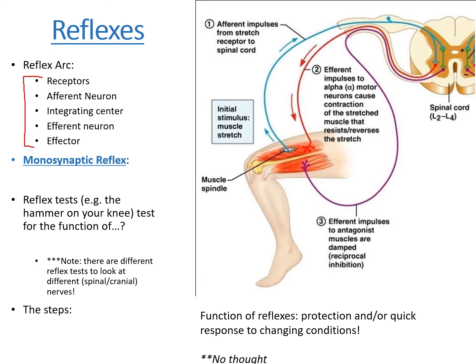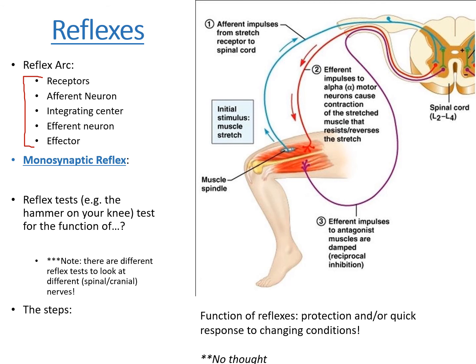Now, what the video doesn't mention is that reflexes are, of course, tested by physicians. And so there's not just one reflex test that is going to indicate health in your entire nervous system, right? So we have a knee-jerk reflex, which of course is what you see on the slide right here. Also, it's what the video after this is going to talk to you guys about.